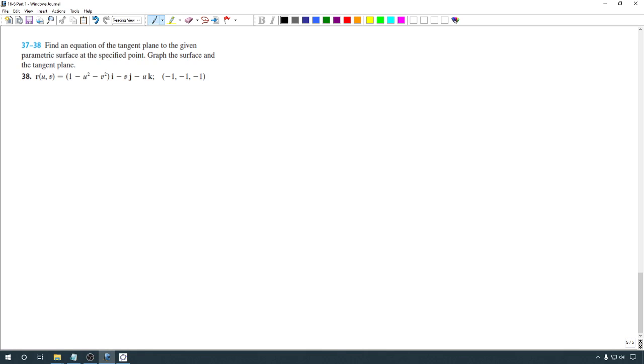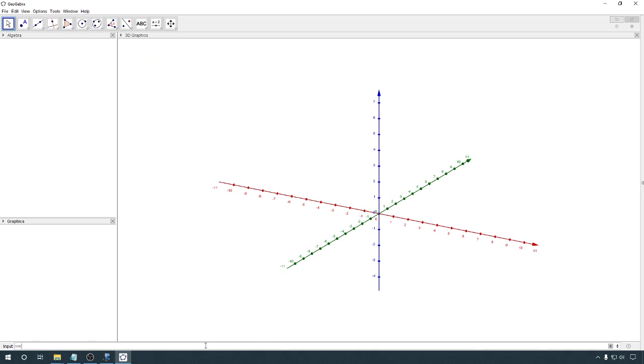Let's first graph this thing. So we're taking a surface. It has components of 1 minus u squared minus v squared, comma minus v, minus u. Our first variable is u. They didn't actually give us limits on u and v, so let's just pick some big range, and it'll probably be far enough.